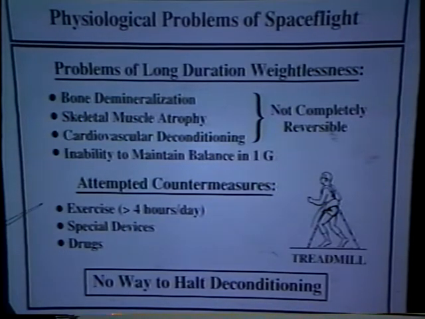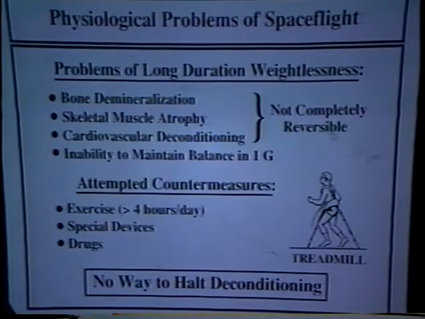Particularly in the spaceflight programs of the Soviet Union, there have been missions that show the effects of these deteriorations of the human body, and a number of countermeasures have been attempted, including an intensive exercise regimen consisting of more than 4 hours a day of exercise, plus the use of special devices and a number of drugs. But the Soviets have found that the best they can do is slow the deconditioning.